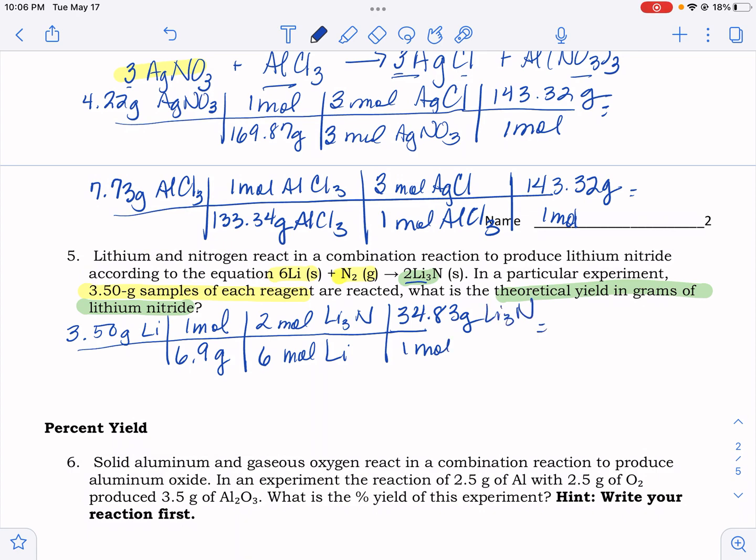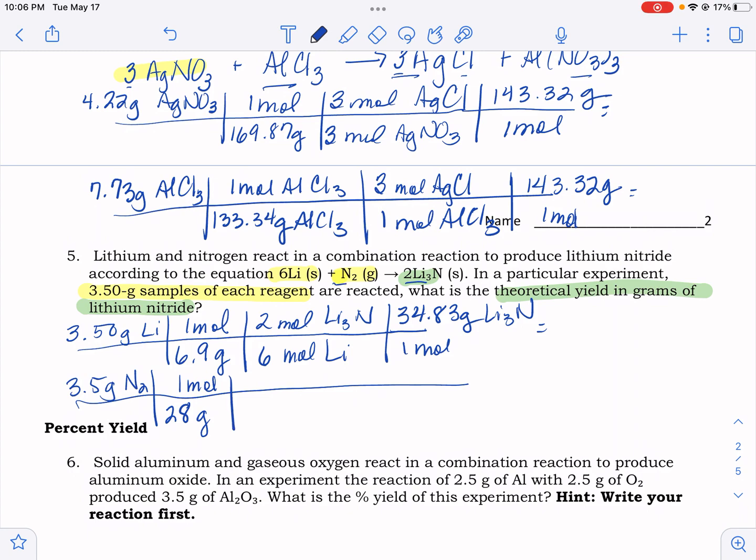Okay. The next one, 3.5 grams of nitrogen. Molar mass of nitrogen is 14, but just like that oxygen earlier, there are 2 nitrogens in every molecule. So our molar mass is 28 grams per mole.